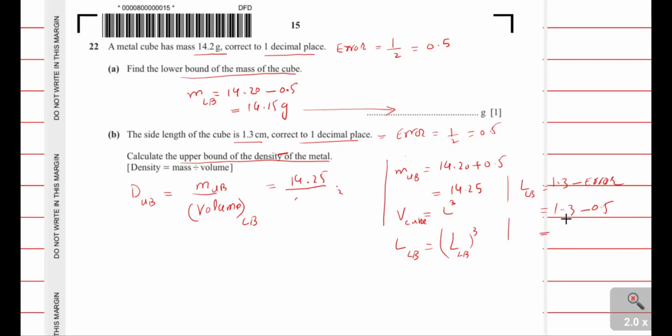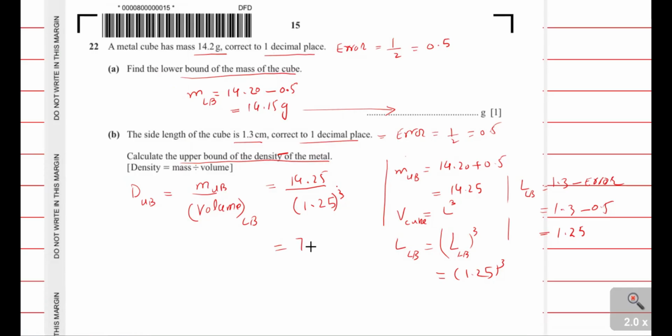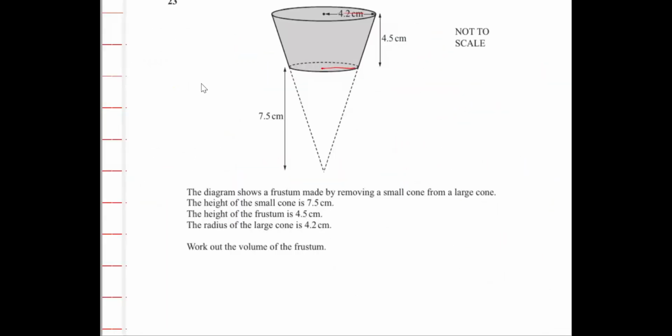This value will be equal to 1.25, and this is 1.25 cubed. We write density equal to 14.25 over 1.25 cubed, and this will be equal to 7.296. We write here 7.296 is the upper bound of the density. This is the answer.